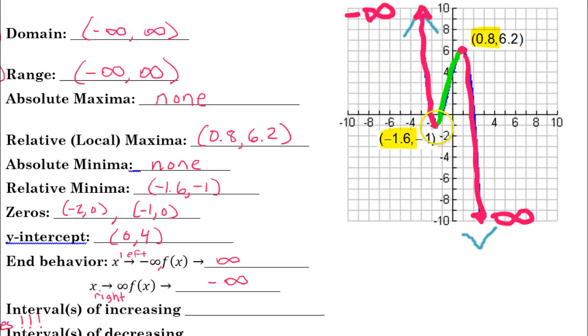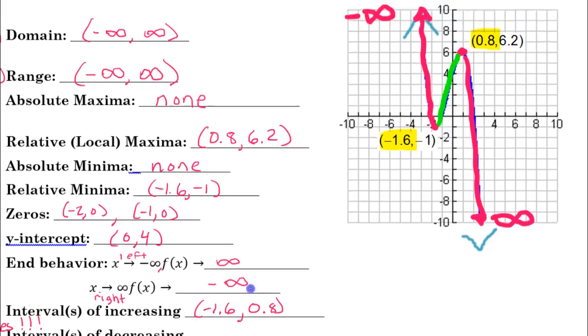So looking at the x values, that goes from negative 1.6 to 0.8. Negative 1.6, comma, 0.8. Now this is not an ordered pair. This is an interval. It's saying we're starting here and ending here. This is interval notation.